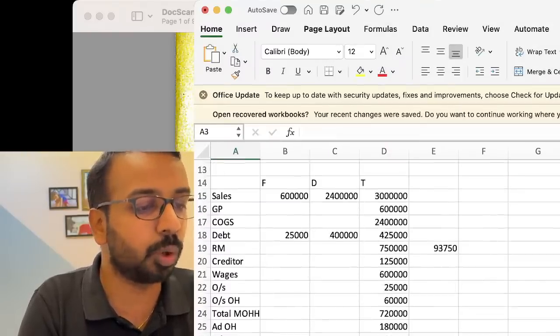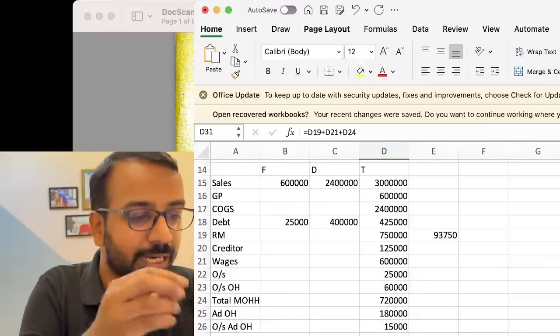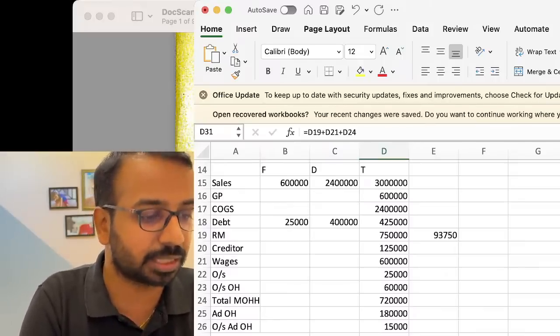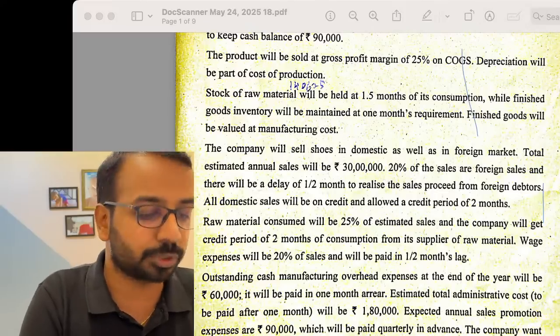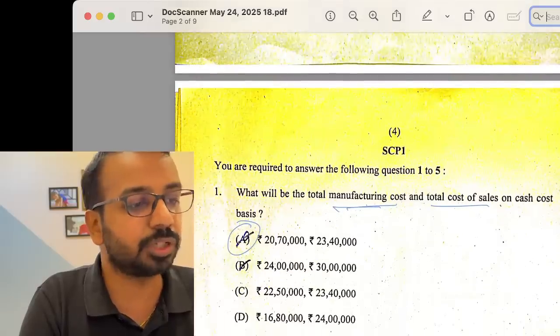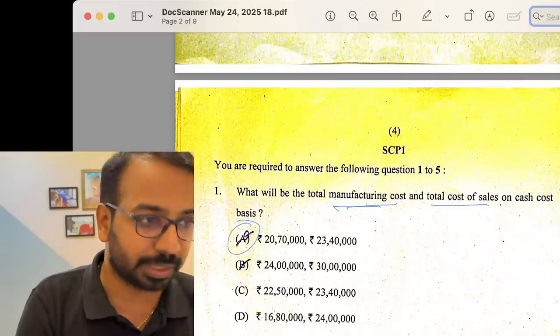Manufacturing cost comes to 2070, that is 20,70,000. If you add admin and selling, you get 2340. So the answer for the first one is option A, which is 2070 and 2340 on cash cost basis.